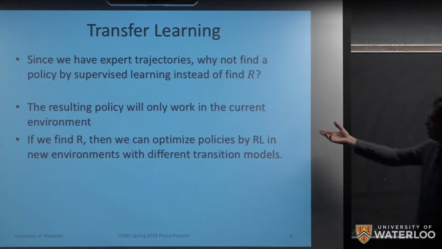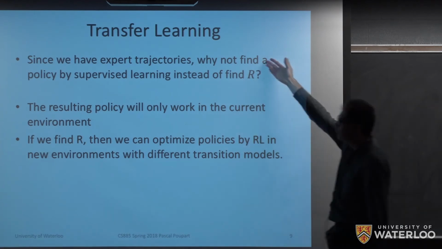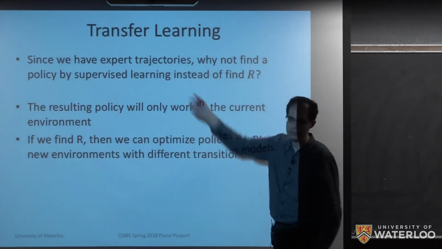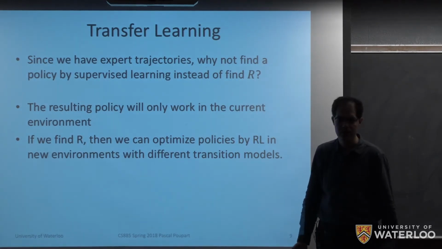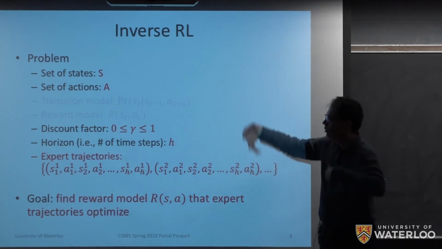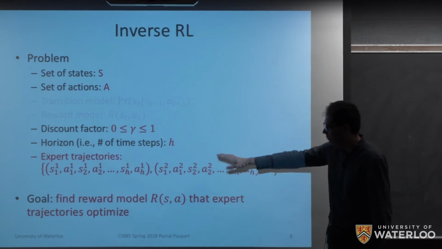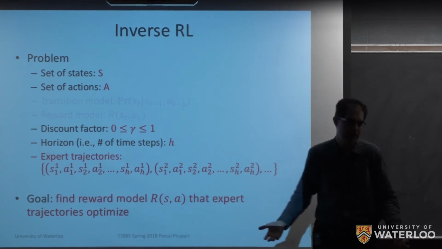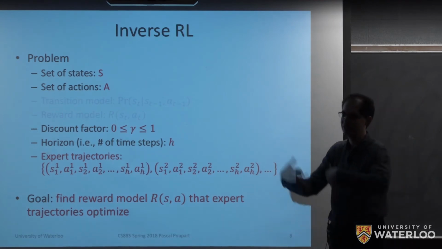And now we could ask again, since we have the expert trajectories, why not find a policy by supervised learning instead of just finding R, right? Because in general, the goal of reinforcement learning is to find a policy. Now, I'm not assuming that I have the policy, so perhaps I could just make that the goal. Let's find the policy, because ultimately that's really what we're after.